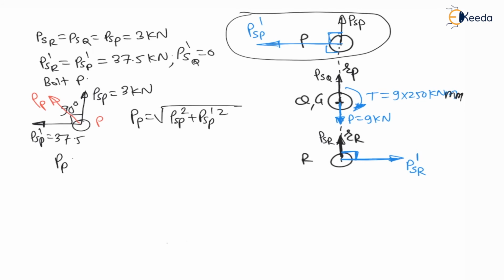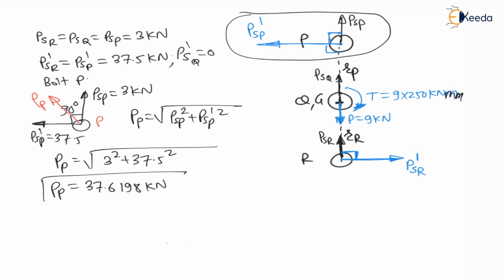Therefore, the total load on P will be equal to under root of 3 square plus 37.5 square, which you will find as 37.6198 kilonewton. This will be the answer, right? Now it can also be written as 37.6198 into 10 to the power 3 Newton, in terms of Newton, right?